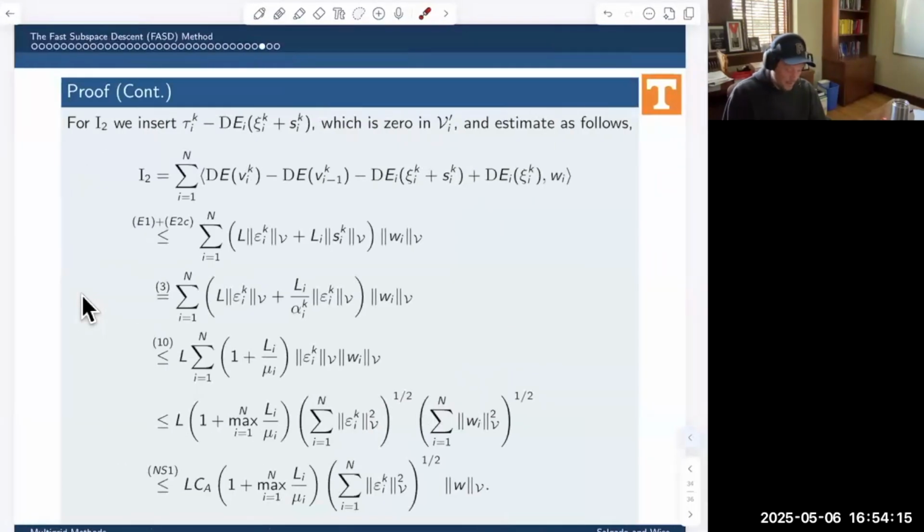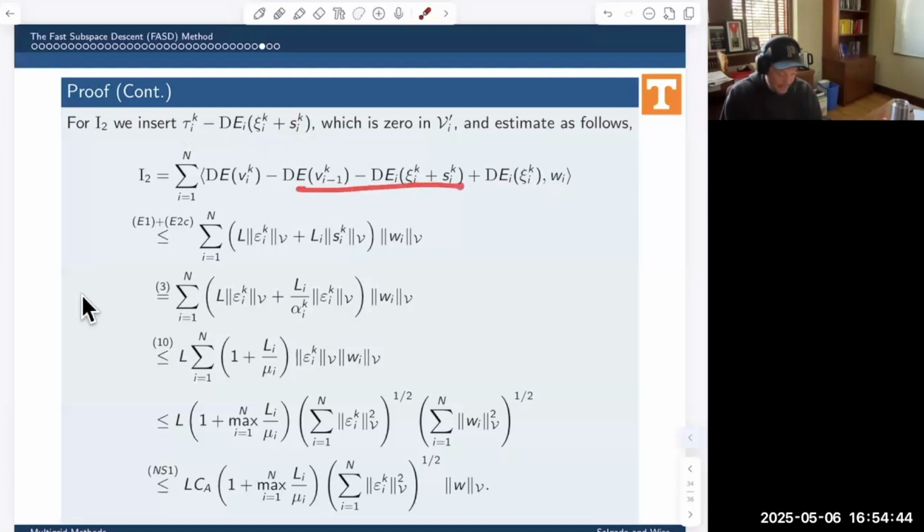Let's see here. Those 3 terms are effectively tau minus that correction there, or this term here. So tau is this one, and this minus is right there. Those are all 0 in VI prime, which means that if you evaluate that difference with any WI, then it's 0.